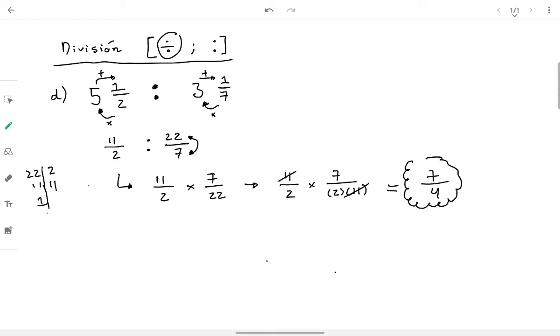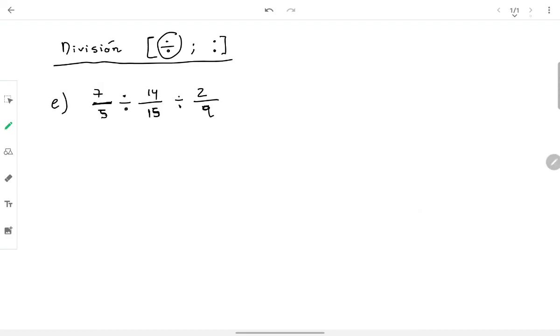I will see only one more example with three numbers, how to make a division between three numbers. If we have a division between three fractions, we cannot make them in one step. We need to do one part in the beginning and then the other part.